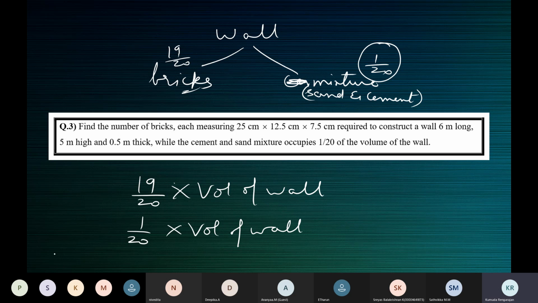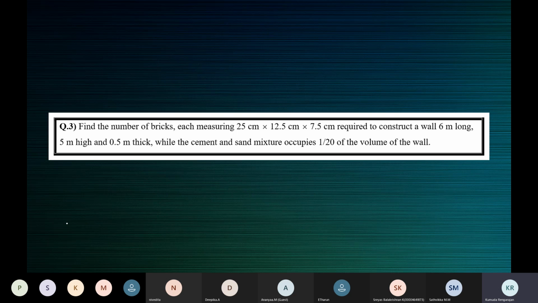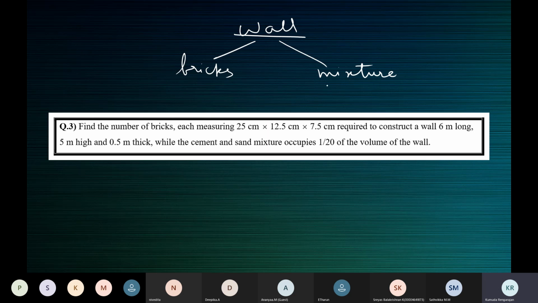We'll see that again. The wall has 2 things in it, bricks and a mixture of sand and cement.